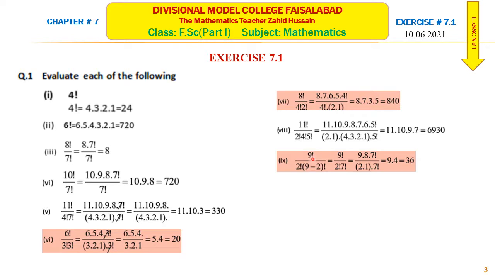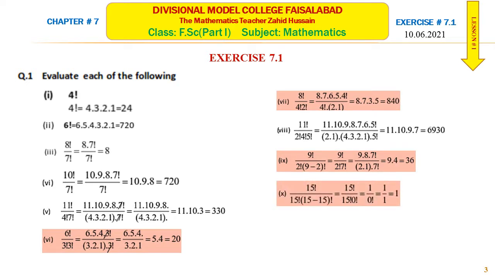We will get 9 factorial over 2 factorial into 7 factorial. Now write 9 factorial as 9 multiplied by 8 multiplied by 7 factorial. And in the denominator write 2 factorial as 2 into 1 and 7 factorial as it is. This 7 factorial is cancelled with 7 factorial and cancel 8 by 2, we will get 9 multiplied by 4, and 9 multiplied by 4 is 36.